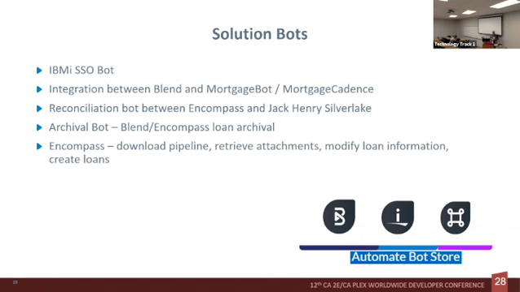And in this case, I'm sure mortgage application management, reconciliation, again, very accounting oriented process, archival bot for, again, blend and encompass loan, and then encompass download pipeline, retrieve attachments, a number of those kinds of things. So you can see that financial services area is a key area for some of the solution bots.